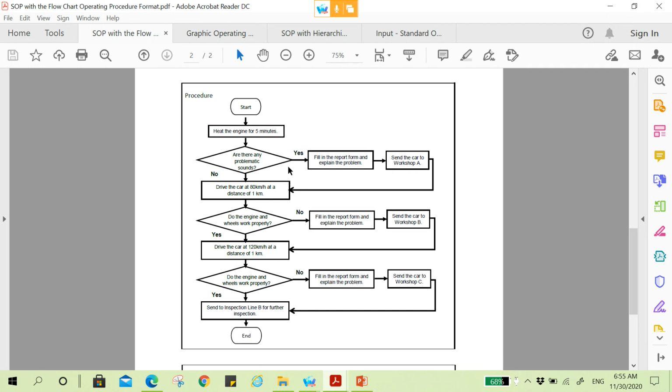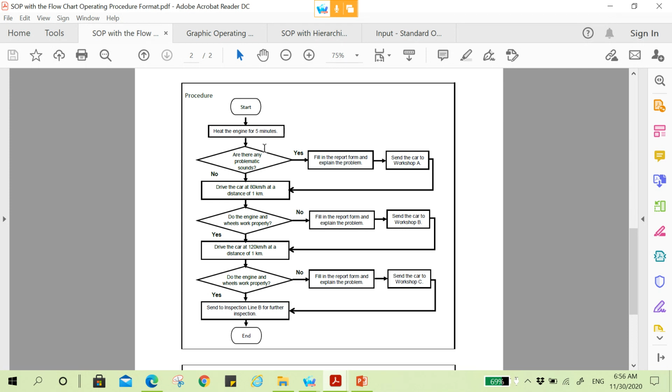Okay, so you start with an oval, and then you use an arrow, and then you use a rectangular for a process, to start the process, and then you use another arrow, and then if there is a decision making that you have to make, then you use a diamond.